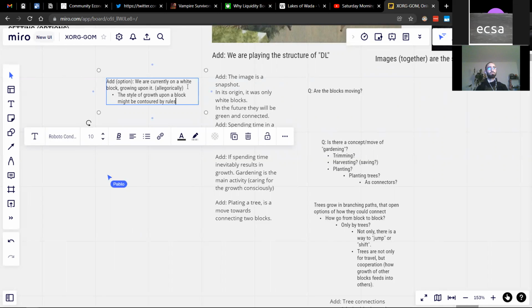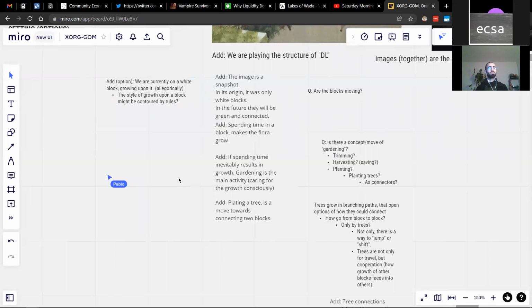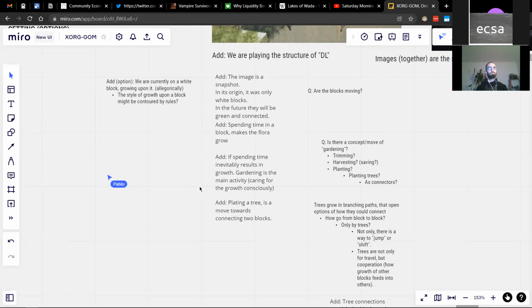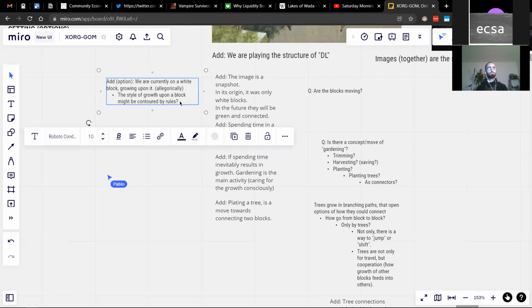I put this as a question because, like, that's what's happening here. Like, this is why I put it here. That it's kind of like coming from thinking of this situation as the white block, is that, and this is actually possibly related to gardening.